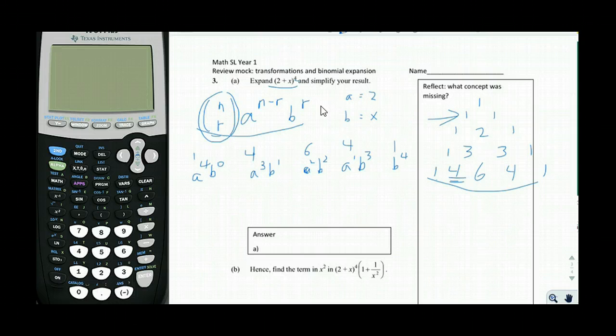And we just multiply those with the coefficients, and then we'll get our expansion. And remember that A equals 2 and B equals X.